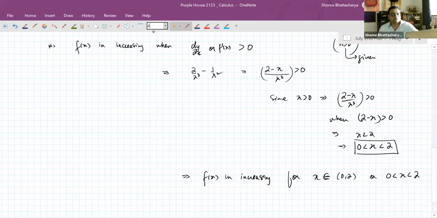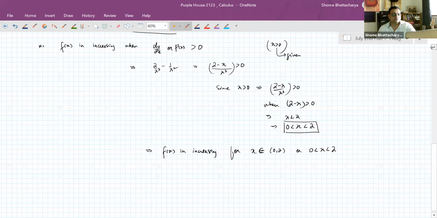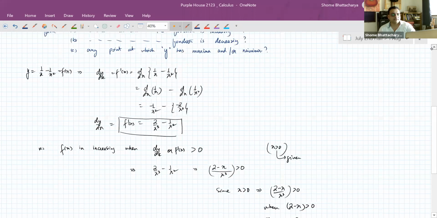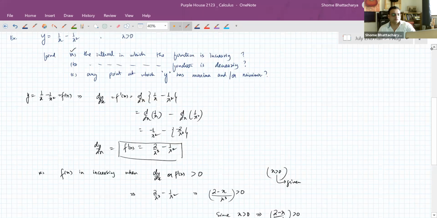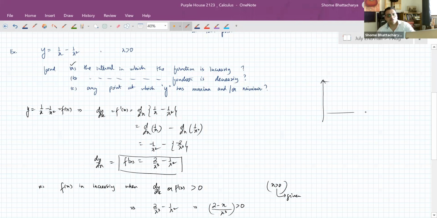This is a function whose graph we don't know from before. It's not a known graph. So there's no way that we could have guessed for which values of x, y is increasing and for which values of x, y is decreasing. But from the concept of derivative, we are able to understand this. With any arbitrary graph of a function, if the slope of tangent is positive at certain values of x, the function is increasing there.